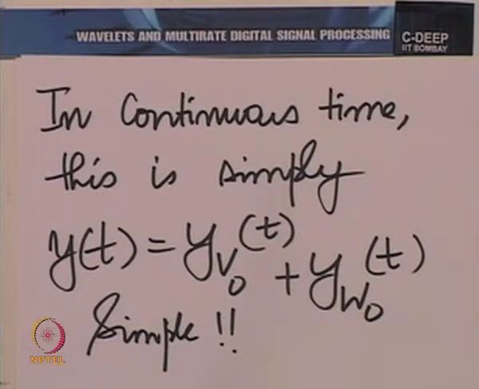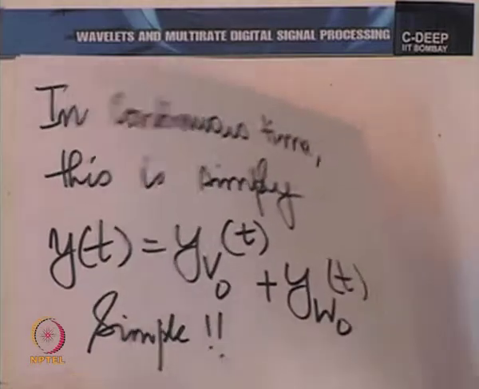When you want to do it in discrete time, you have to work a little harder. So, in fact, let me put back the sequences. Let us write the sequences explicitly now, at least in that region from minus 1 to plus 3, explicitly for yv0 and for yw0.